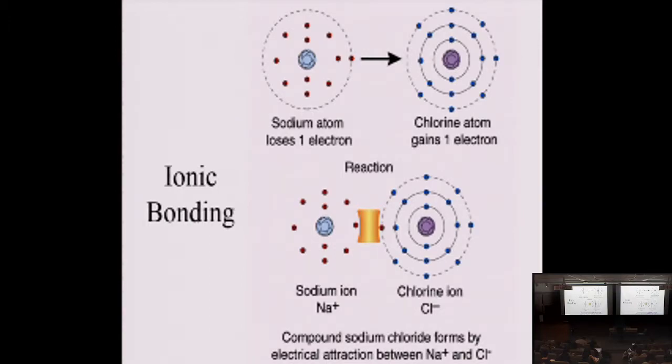Seven, right? And you need 8 in that shell. So what will happen is sodium will give that electron to chlorine, and now they're both happy from the outer shell's full point of view, but they're not happy because now they both have an electrochemical charge. Sodium lost a negative, and so it's positive. Chlorine gained a negative, so it's negative.